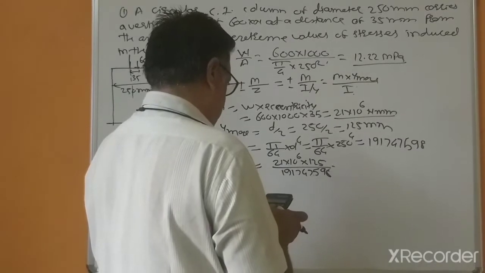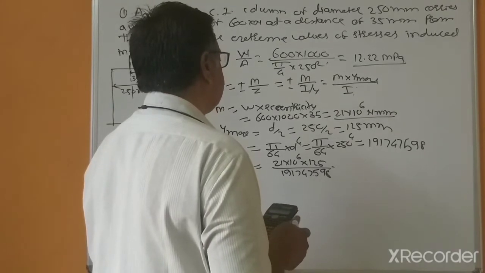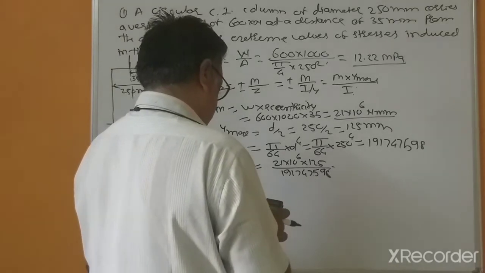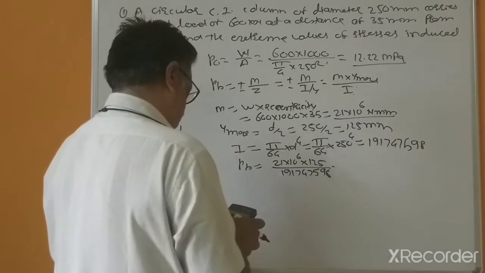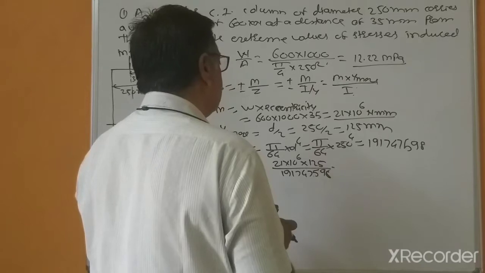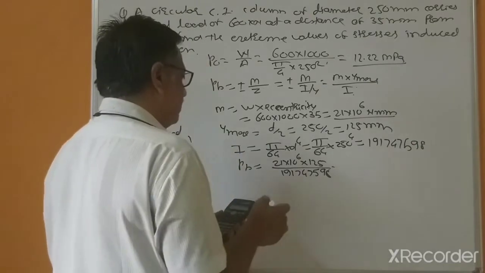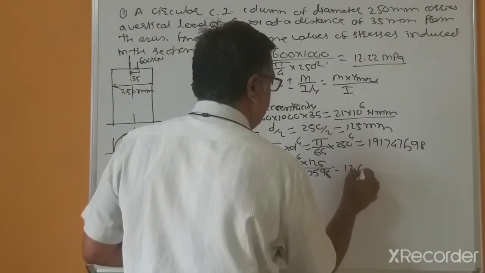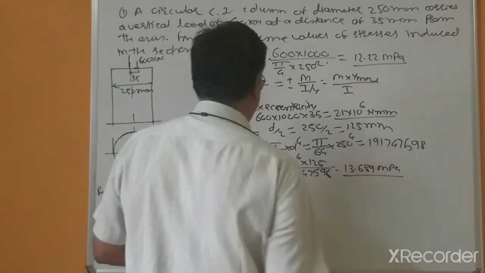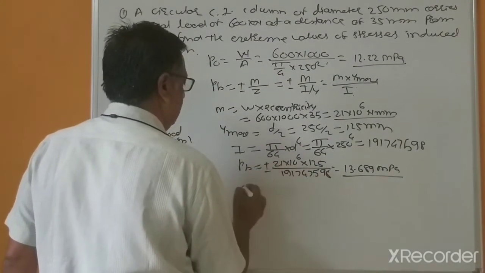Otherwise, 21 multiplied by 10 to the power 6 multiplied by 125 multiplied by 64 divided by pi divided by 250 to the power 4. This is equal to 13.689 megapascal. That's why this is plus or minus sigma b.